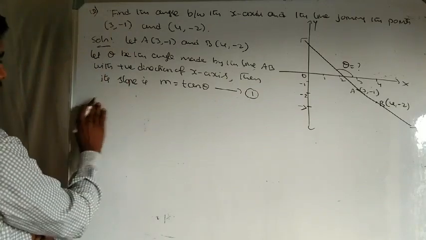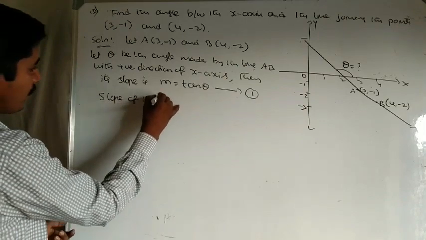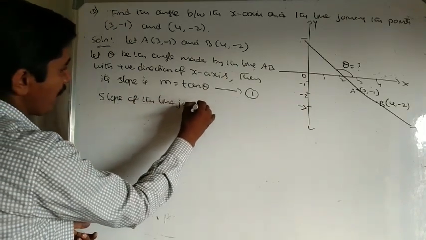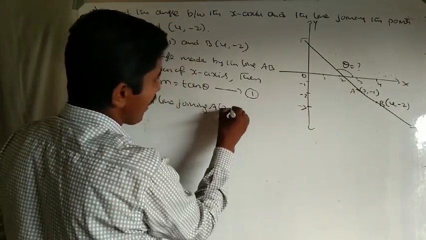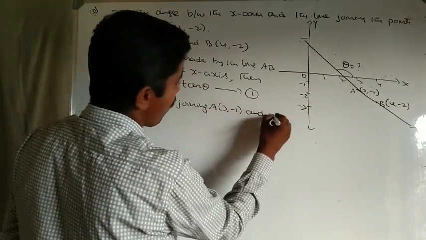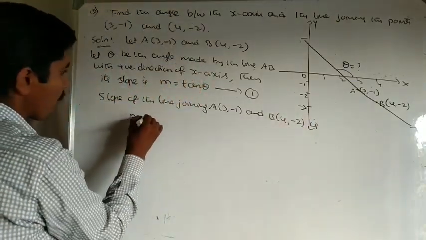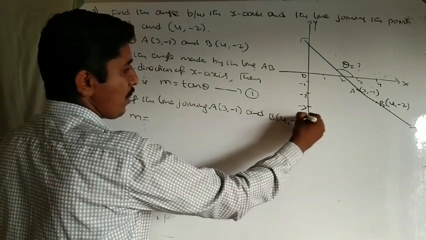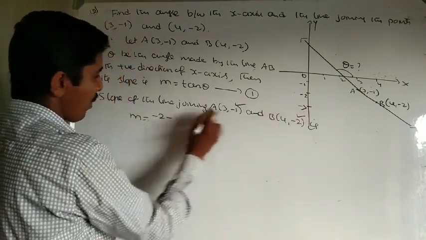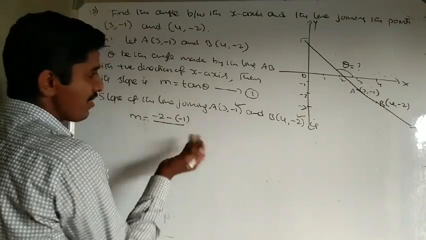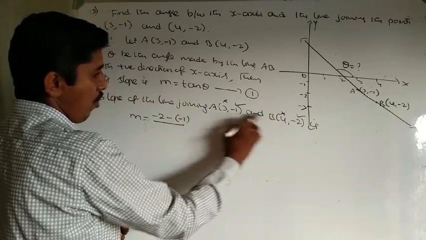Now slope of AB. Slope of the line joining A point 3 comma minus 1 and B point 4 comma minus 2 is given by m equal to, we know, the difference of the y coordinates, minus 2 minus of minus 1, divided by the difference of the x coordinates, 4 minus 3.